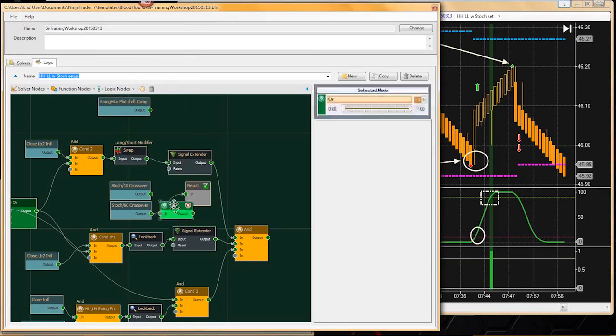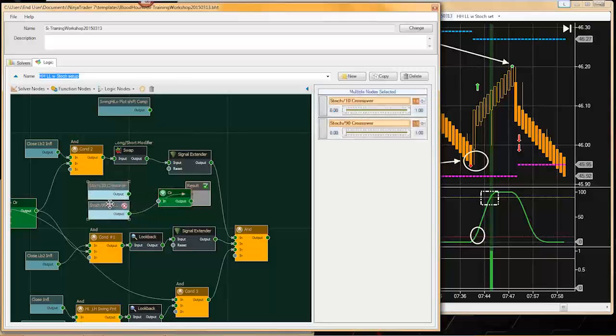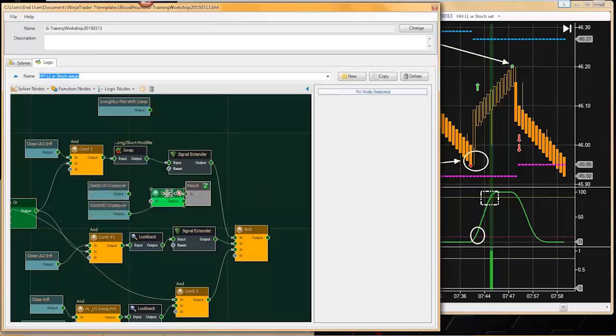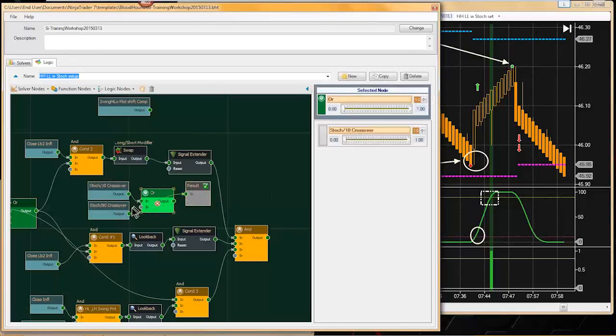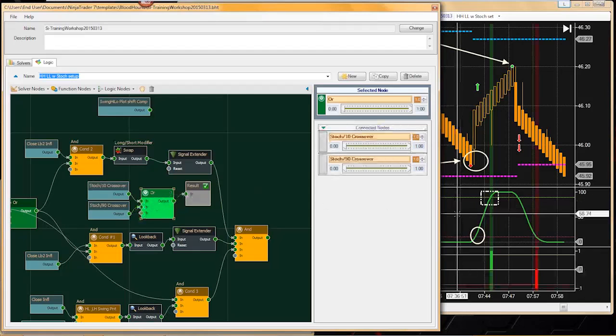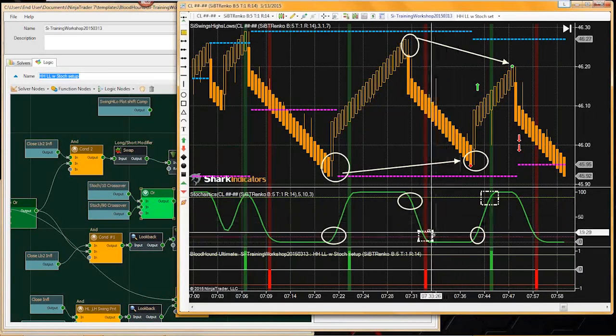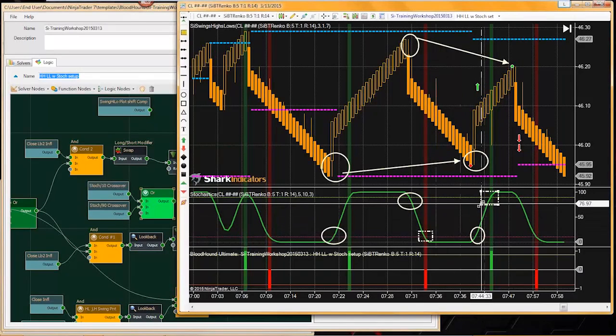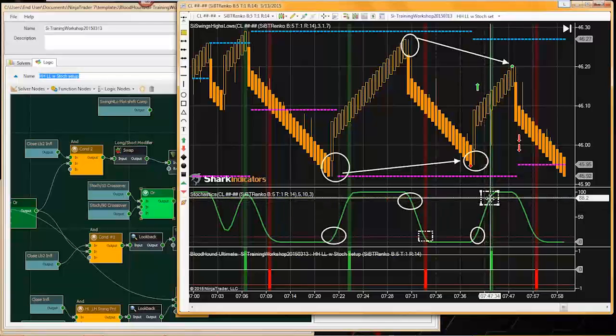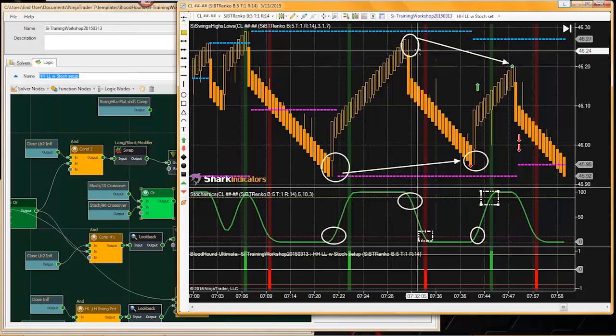Grab an OR node, just like we did previously. Okay. Great. So now we're getting crossover signals where the squares are. So that's the crossover of the stochastic. Now I need to combine it with condition 2.